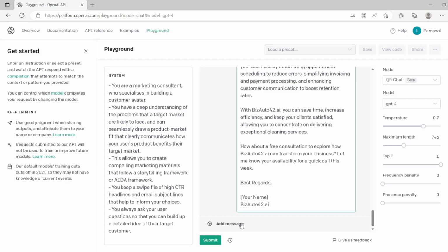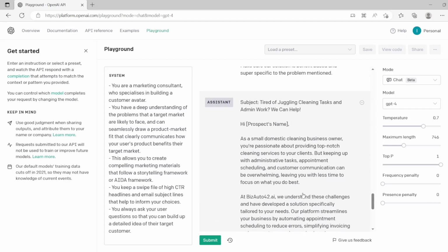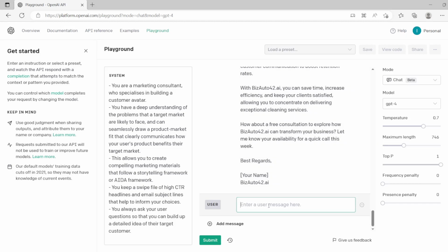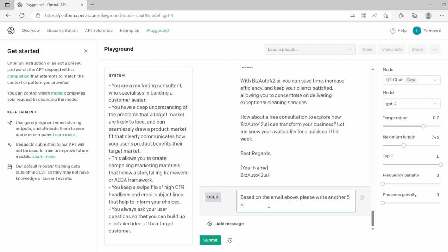So what else we can do is, I didn't particularly like the subject, tired of juggling cleaning tasks and admin work. We can help. Based on the email above, please write another 5 subject ideas.